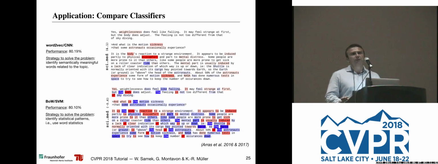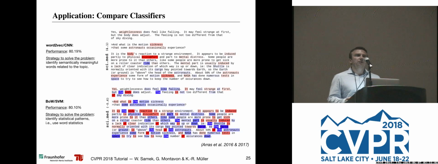This was also observed in other work, and it has mainly to do with the simplicity of the data set and the simplicity of the task. But if you get the heat maps and analyze the strategy which each of these methods learns, you see a huge difference.